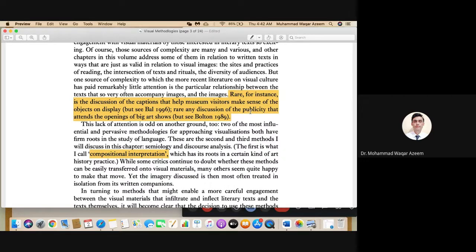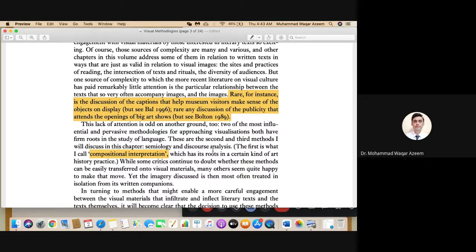So we purposefully ignore anything which is written along a painting, for example a caption, or anything which is written along a film, for example any credits which go along with it. Okay, so these habits are both ways. The literature people would avoid any accompanying visual as irrelevant, and the visual people, the people who study art and culture or film, would ignore the written text. Okay.